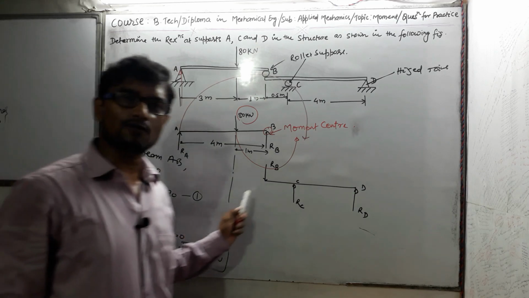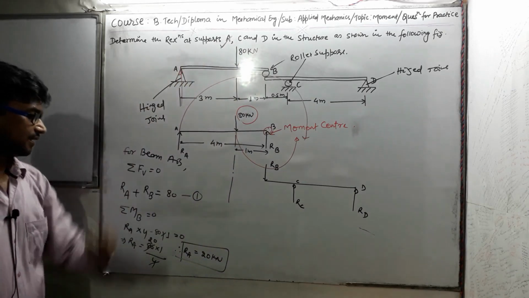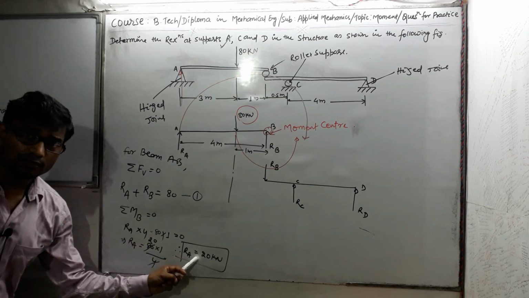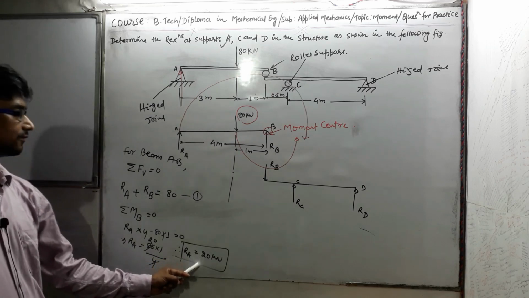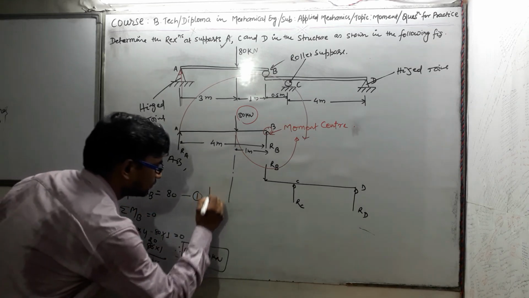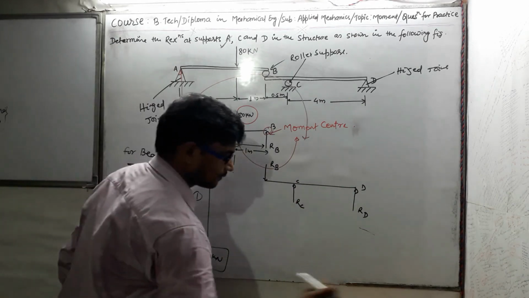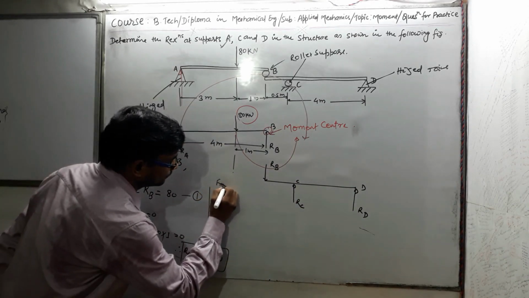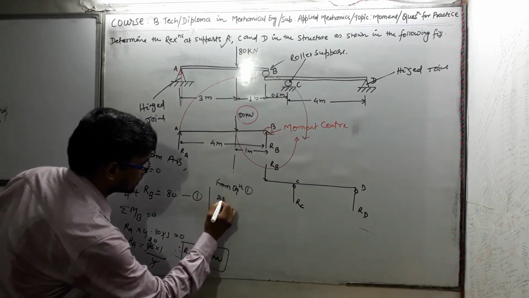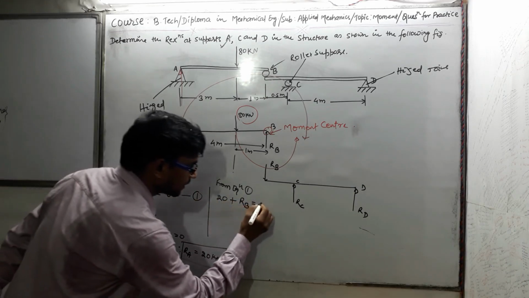One unknown quantity, one required force, is already achieved. See here, the question is asking about point A. Now, once we get the value of RA, which is 20 kilonewton, putting the value of RA in equation 1, we have 20 plus RB equals 80.